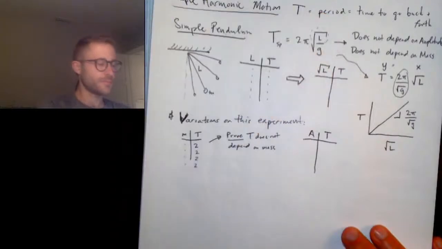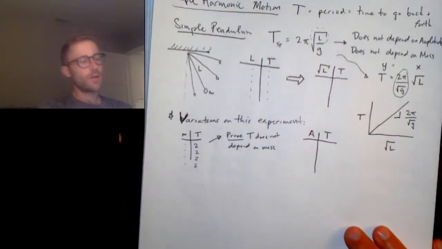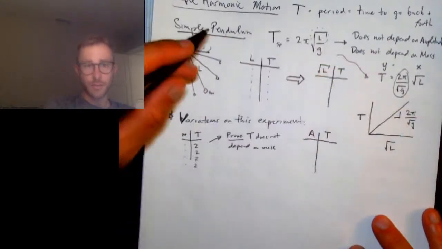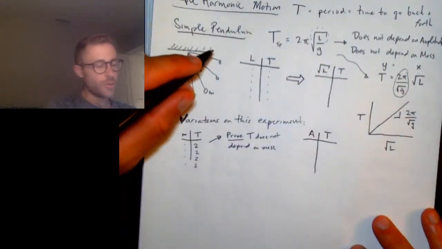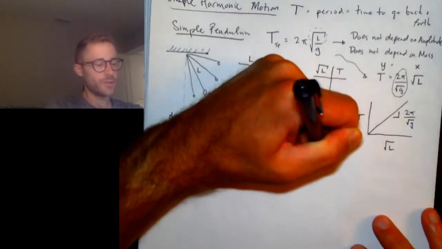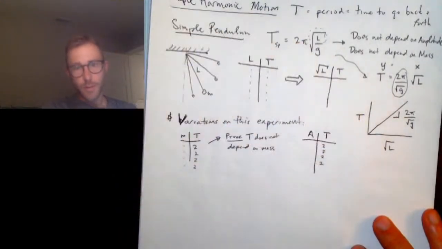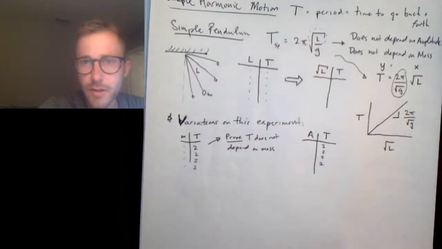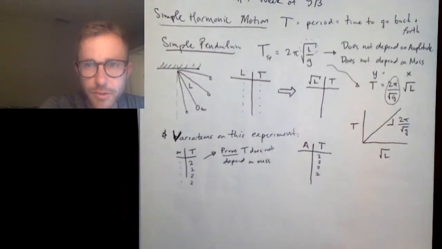Again, the period does not depend on amplitude. If the period starts out at 2 seconds, it will stay at 2 seconds. But there was a caveat: the period only doesn't depend on amplitude if the amplitude is small.